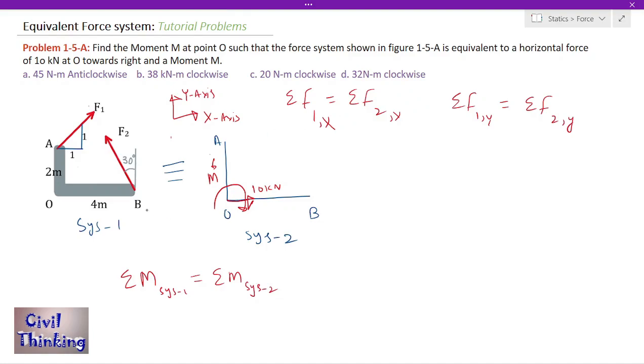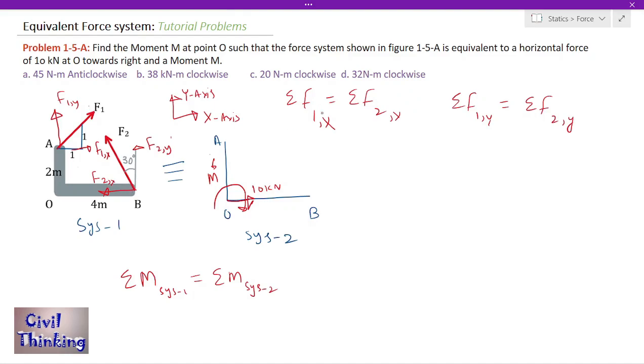So now let us say this is F1x, that is the x component of F1. This is F1y. I am resolving the F1 force into an x component and a y component. Similarly, I will resolve this F2 force into F2y, the y component, and F2x.